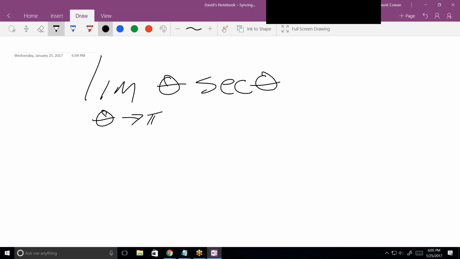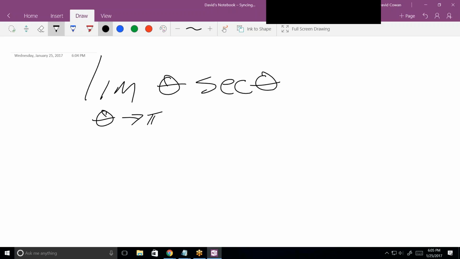Secant is the reciprocal of which trig function? Cosine. It's the cosine of pi, which is -1. So what's the secant of pi? 1 over -1, which is -1 also.